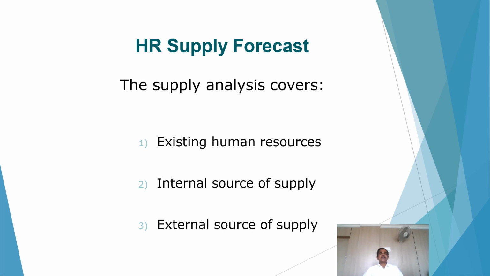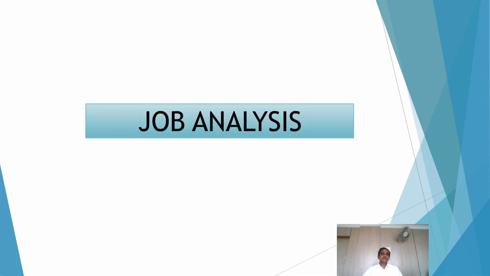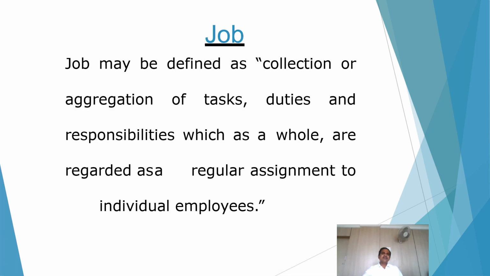Again, it is an internal source of supply, like our own employee can be given an opportunity. For example, if you have people on contract, those contract people may be filled in a regular position. Then if we do not have such a source within the organization, we can go for external sources of supply.